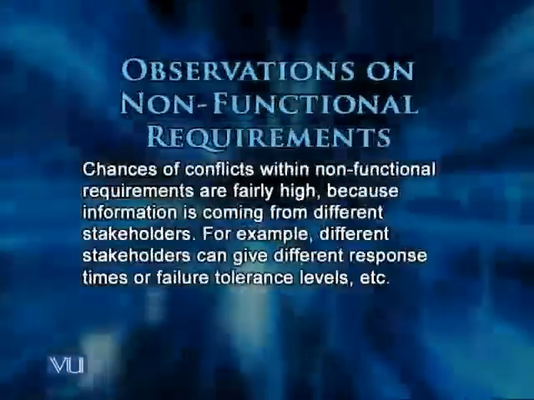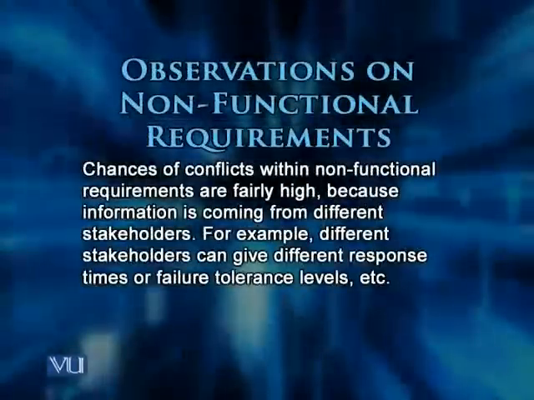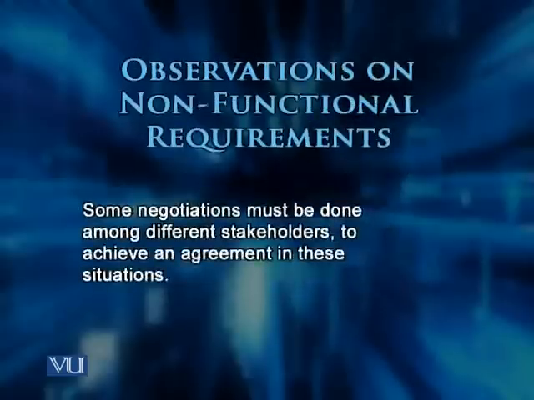For example, different stakeholders can give different response times or failure tolerance levels as examples. And these are the two things that are directly going to impact the quality of the software product. Some negotiations must be done among different stakeholders to achieve an agreement in these situations.